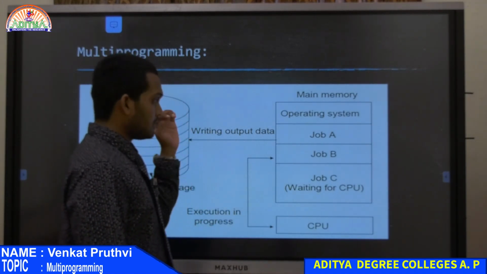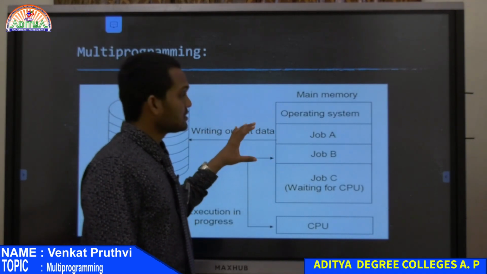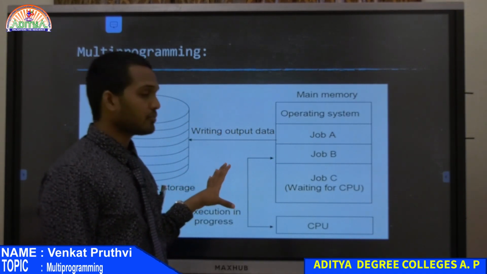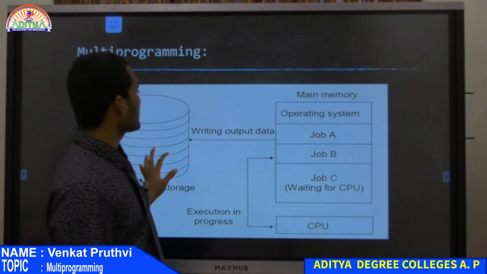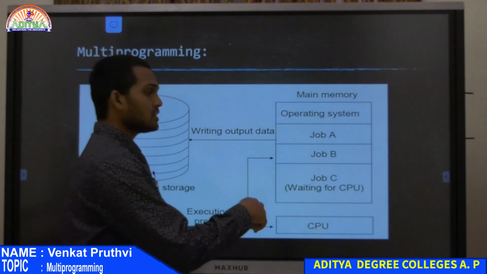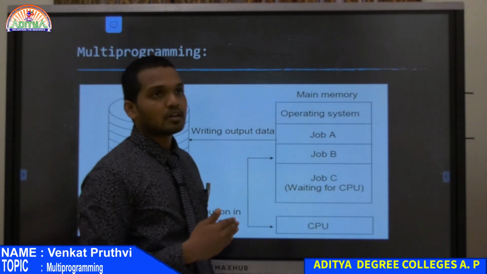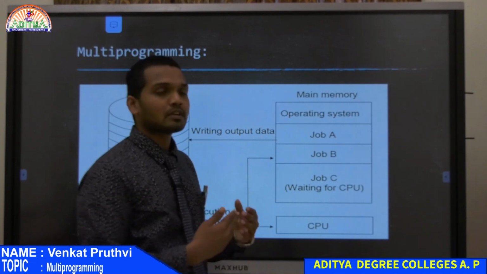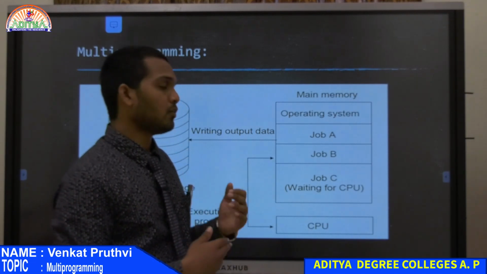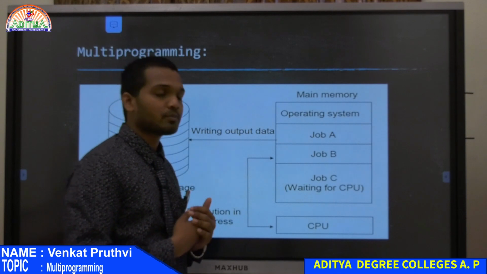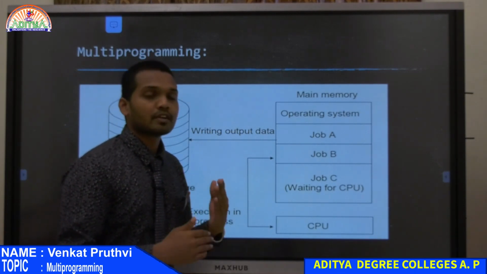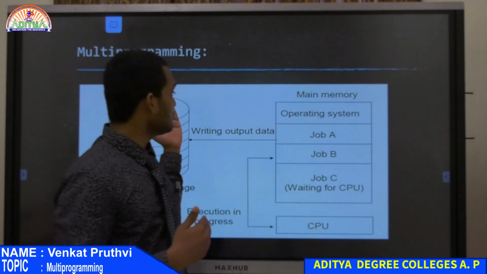Now, like this, there might be multiple jobs. This is just a basic diagram for you to understand how multi-programming works. We will see in later programming concepts what disadvantages we have with multi-programming and what different concepts we have come up with to overcome these faults.